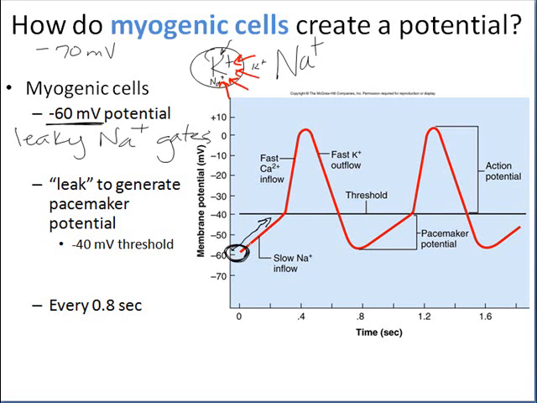Threshold for a myogenic cell is -40 millivolts. And that threshold of -40 millivolts, when it's hit, causes other types of voltage-sensitive gates to open. These are gates that are sensitive to changes in charge. When the charge gets to -40, these gates open, and these gates are what are called fast calcium gates.